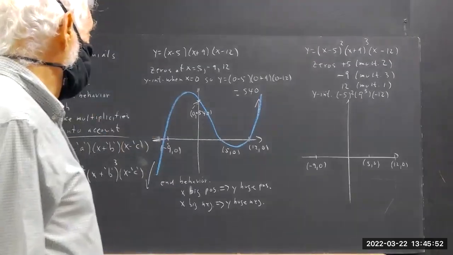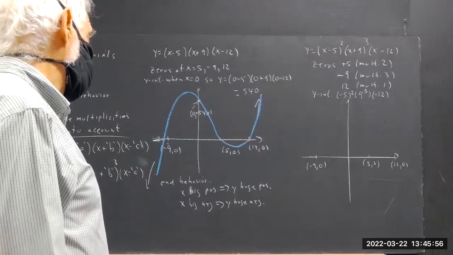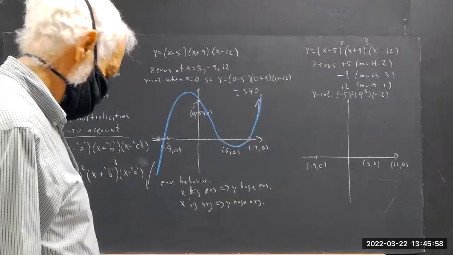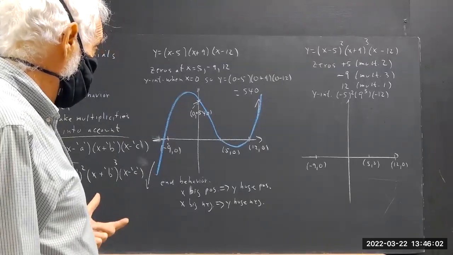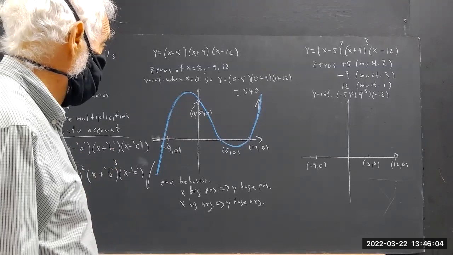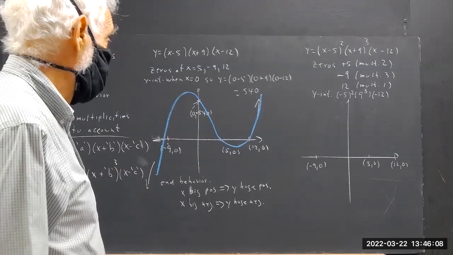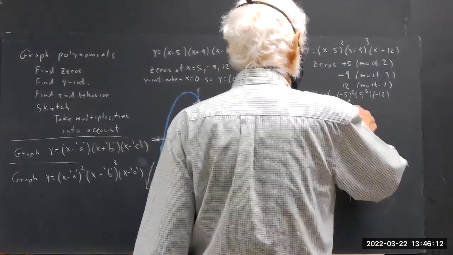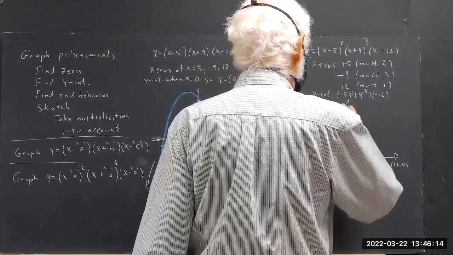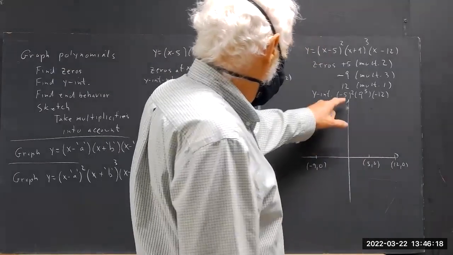Now let's see. 400 times 540 is going to be 216,000. Okay. And then you got 4 more of those. It'll be about 218,000. Okay, about 220,000.